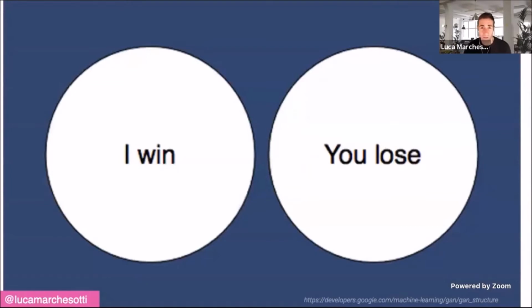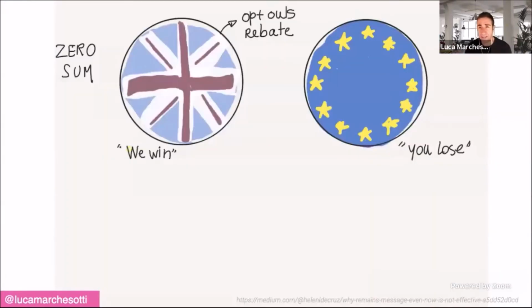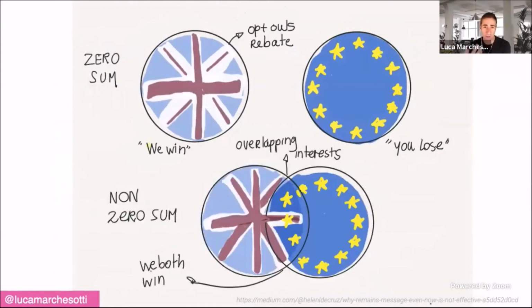It's a game where when I win, you lose. Or, if we are using a more up-to-date and relevant example, Brexit: scenario one, hard Brexit, either one wins and the other loses. A non-zero-sum game interpretation of this is a soft Brexit, where there is an overlapping set of interest and where we both win.